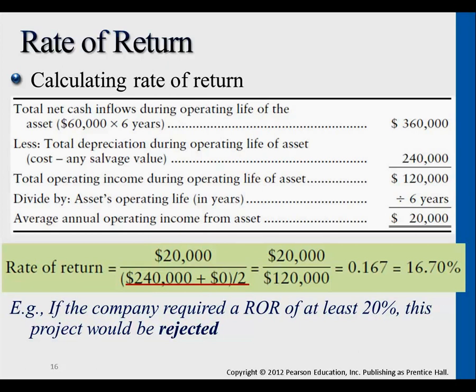Another thing I want to remind you: this is my net book value at the beginning of the life, and this is at the end of the life. So 120,000 is what I'm getting. So 20,000 divided by 120,000 is 0.167, or 16.7%.